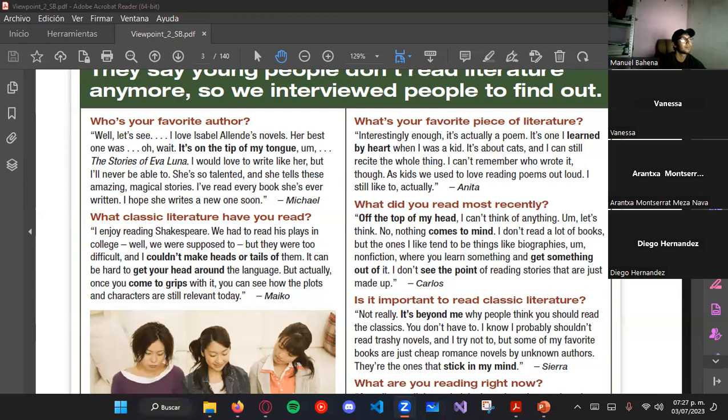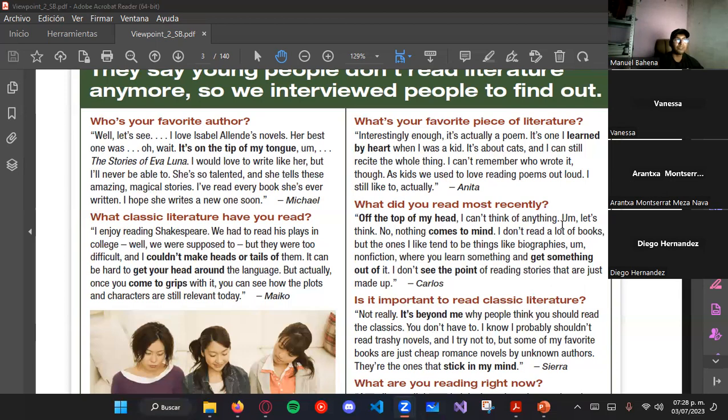Es acerca de los gatos y aún puedo recitar todo. I can't remember who wrote it, though. No recuerdo quién lo escribió.